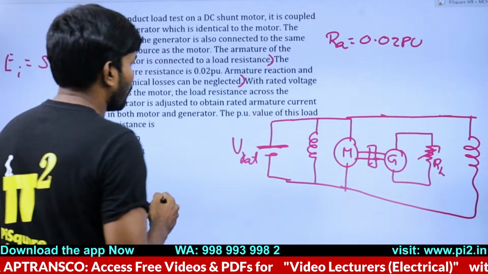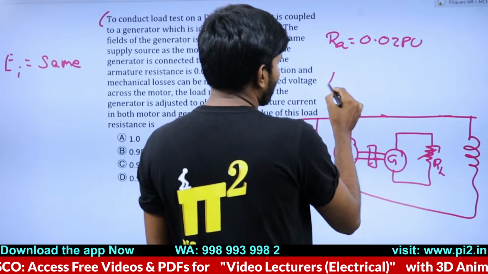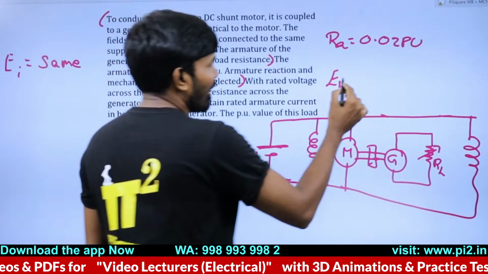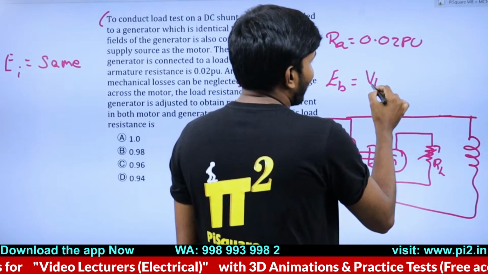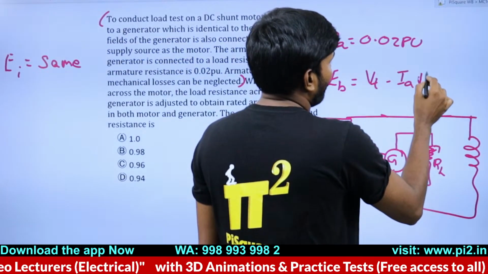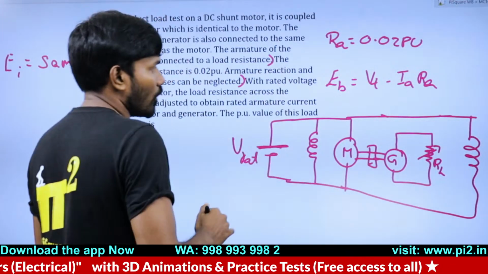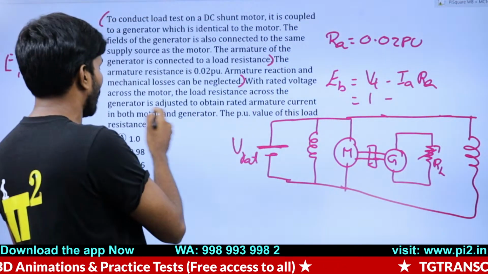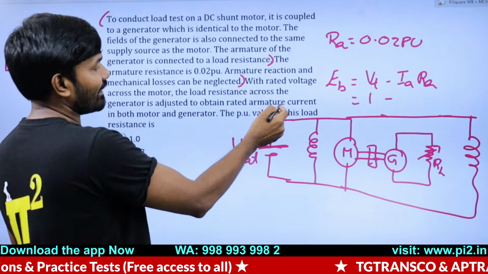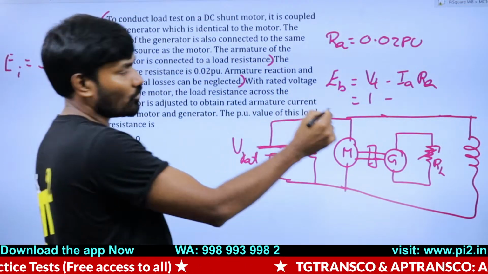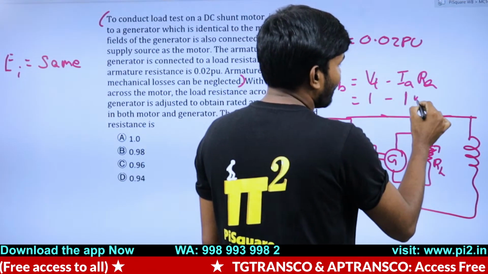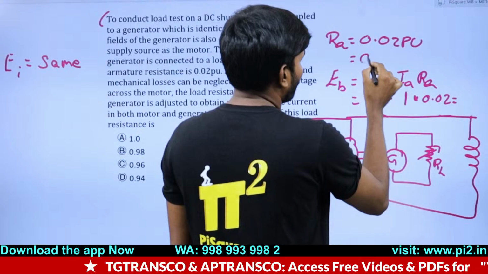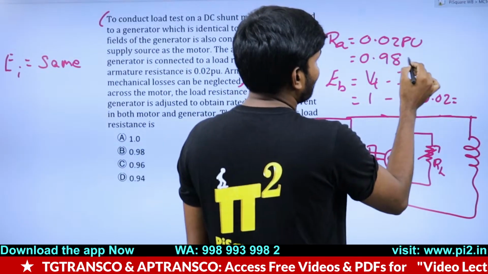Now let's find the induced EMF in the motor, which we call the back EMF. The value will be Vt minus IaRa, ignoring all other drops. So this is rated 1 per unit minus the rated armature current 1 into 0.02, which is 0.98.